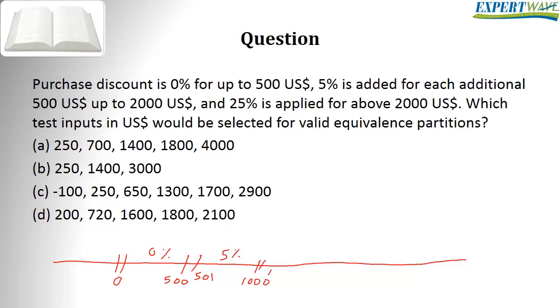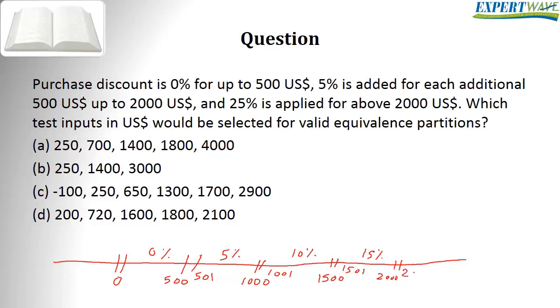The following partition will be from $1,001 to $1,500, and in that case we will get 10% discount. The following partition will be from 1,501 to 2,000, and in that case we will get 15% discount. This is the interpretation of the sentence: 5% is added for each additional $500 up to $2,000.